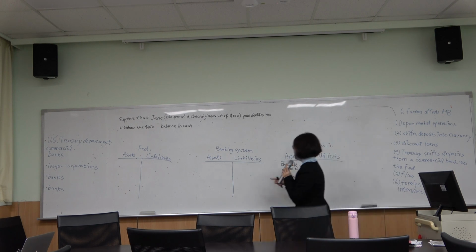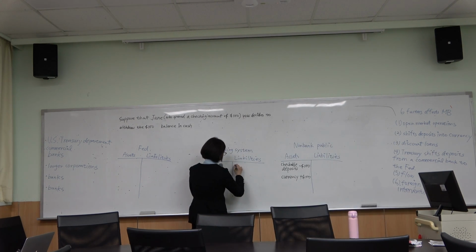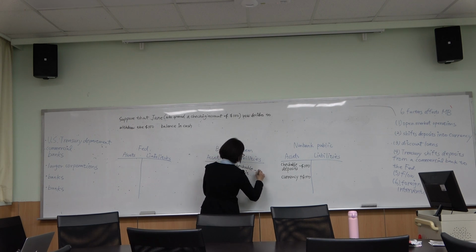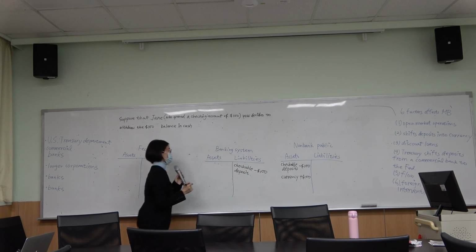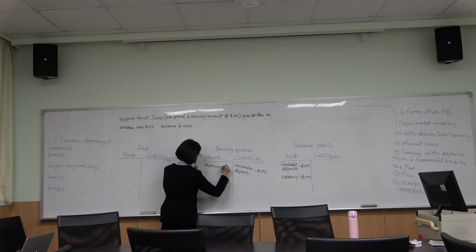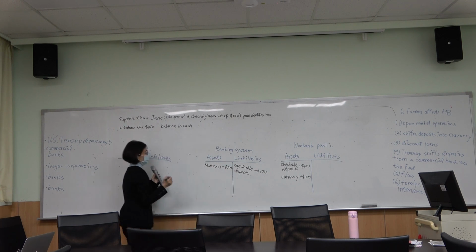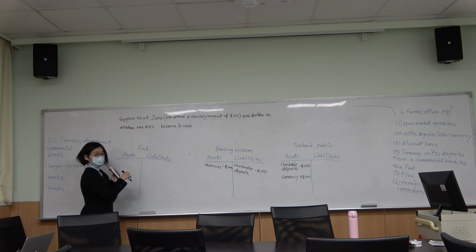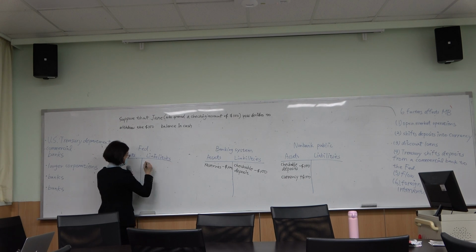So to the bank, the checkable deposit declines by $100. So the reserves decline by $100. Then the Fed has a $100 reduction in reserves.